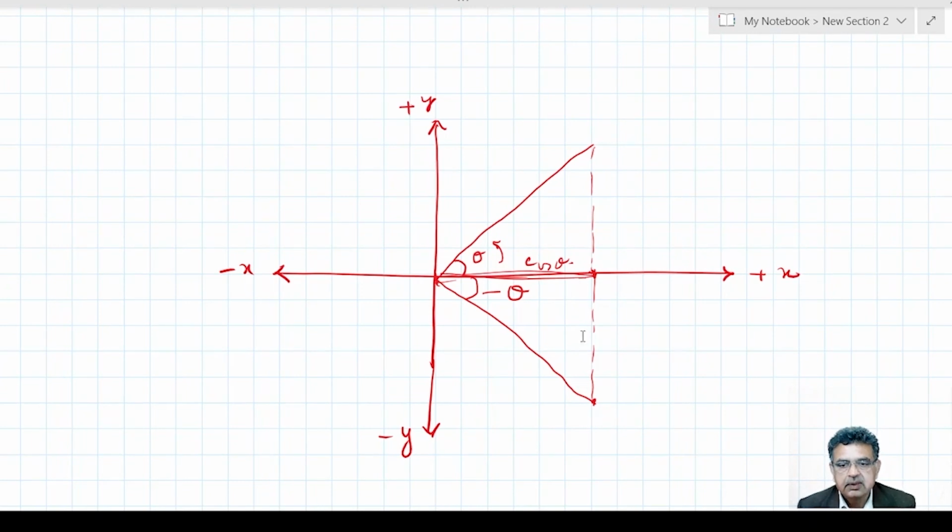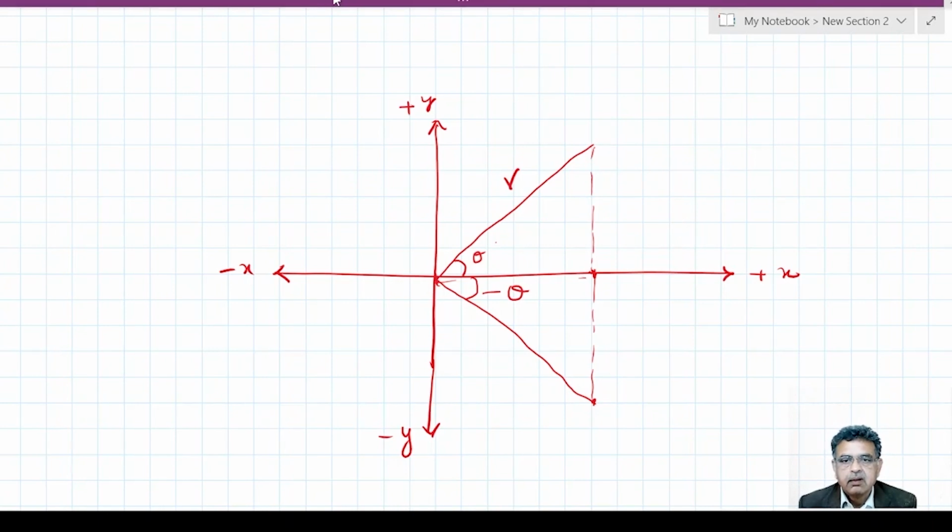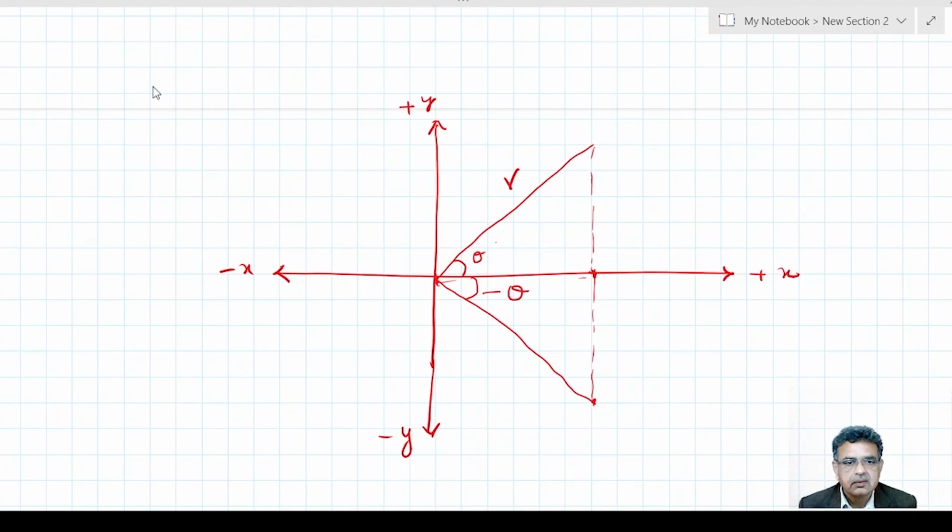Or in other words, let's say if this length is r, then this value will be r cos theta. I remove few of these things from here, and let me change the color. This length is r cos theta.